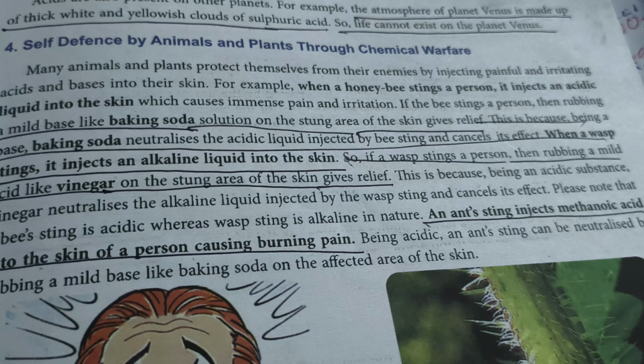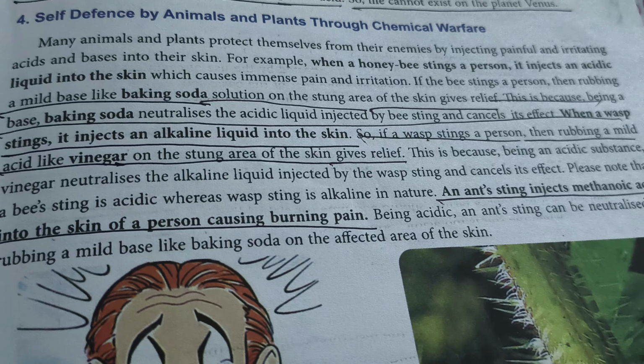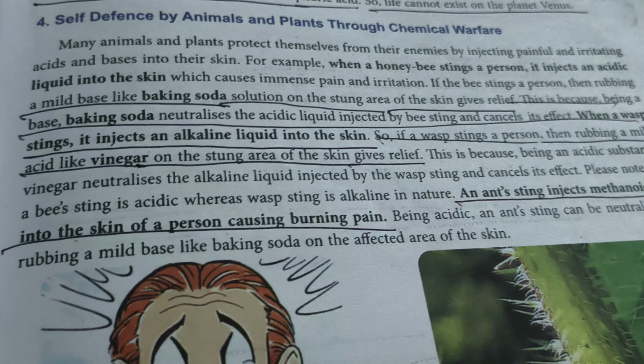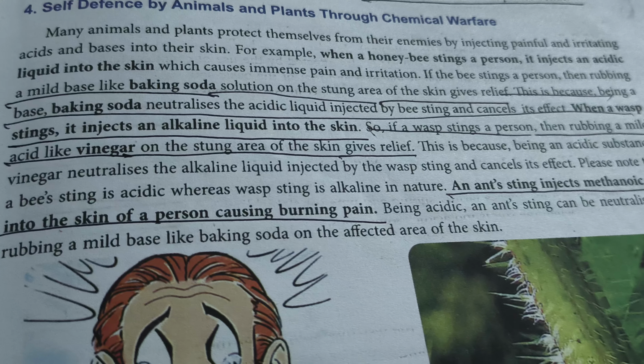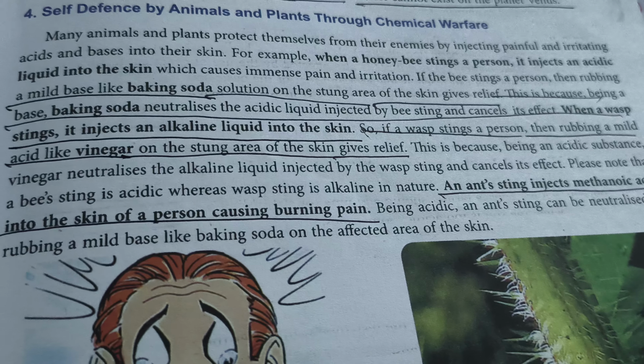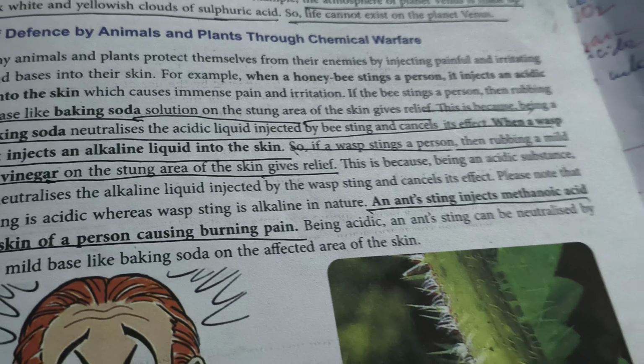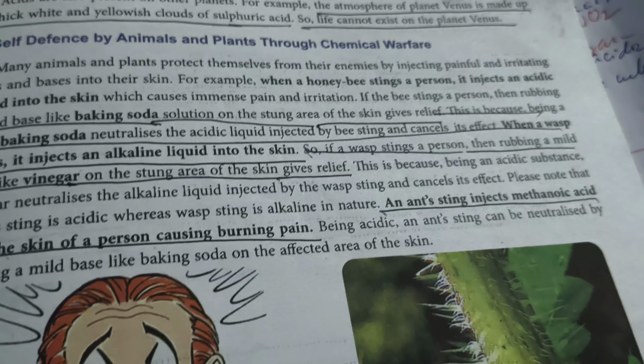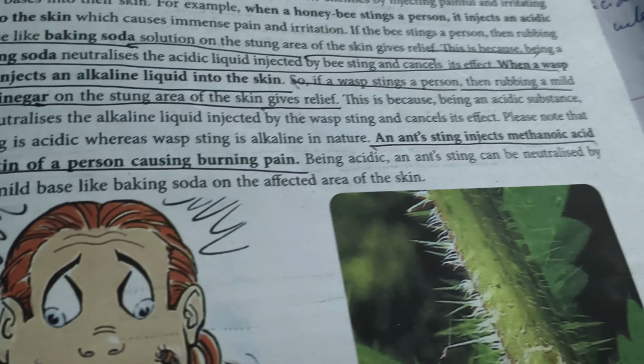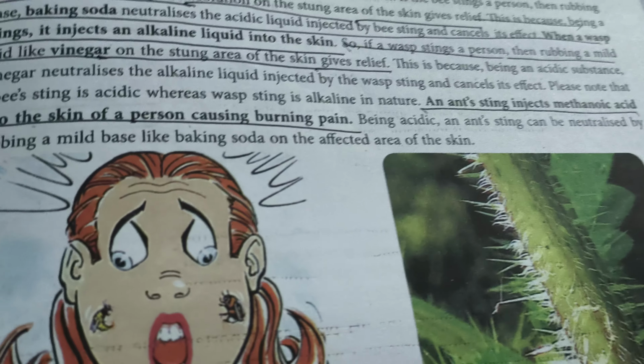Similarly, if a wasp stings our body, then we need to rub the area with vinegar. If it is a serious condition, as usual we need to consult the doctor. In some cases, if ants have stung, then we need to use baking powder or baking soda also.